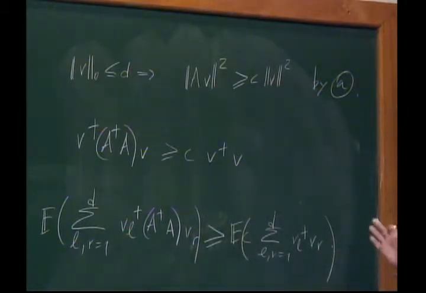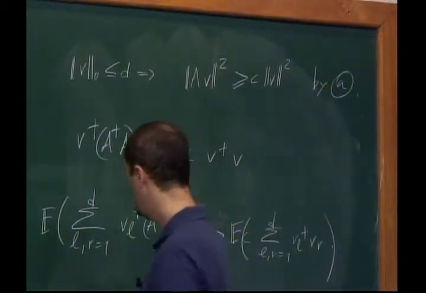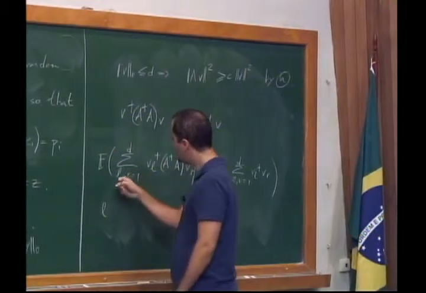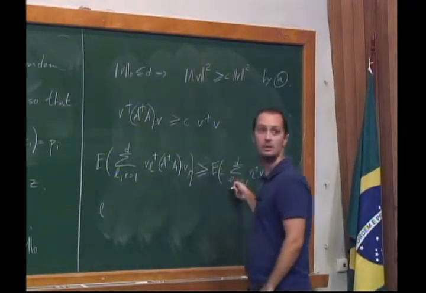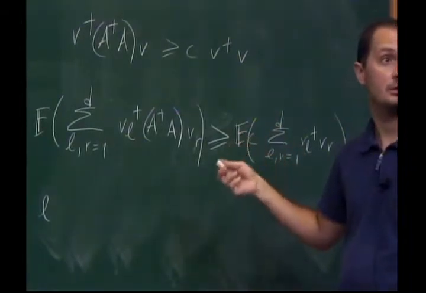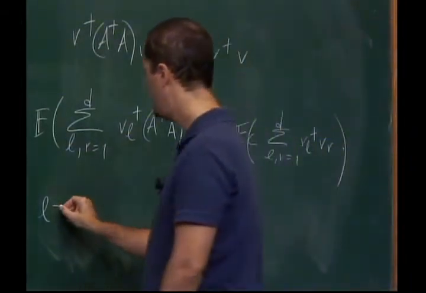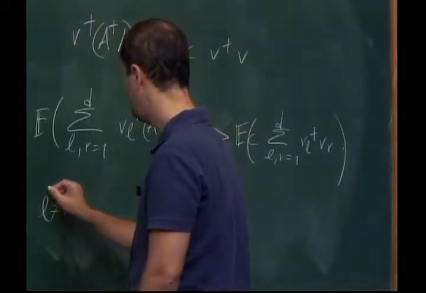So I'm going to compute the terms in the sum. I'm going to take each term in the sum and compute the expectation. Let's start with the case where l is different from r.